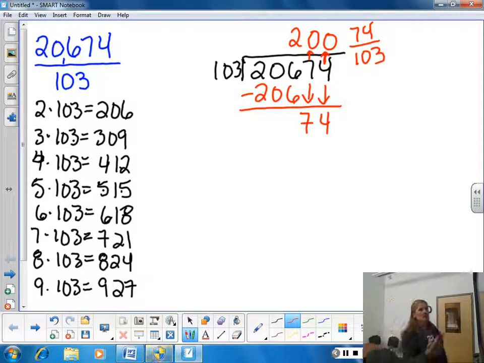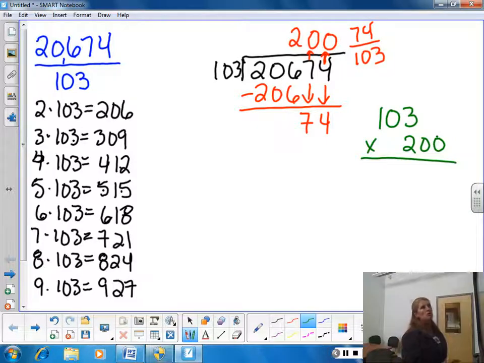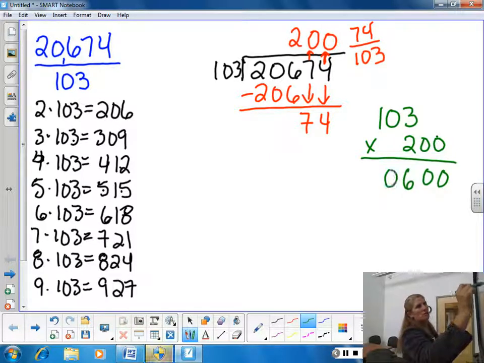Let's do our check on this one. 200 times 103. You know, it doesn't really matter which number you put first. You have to multiply those two things. So I'm going to do this because remember that shortcut? When you're multiplying with something with a bunch of zeros, all you have to do is drop those zeros straight down. 2 times 3 is 6, 2 times 0 is 0, and 1 times 2 is 2.